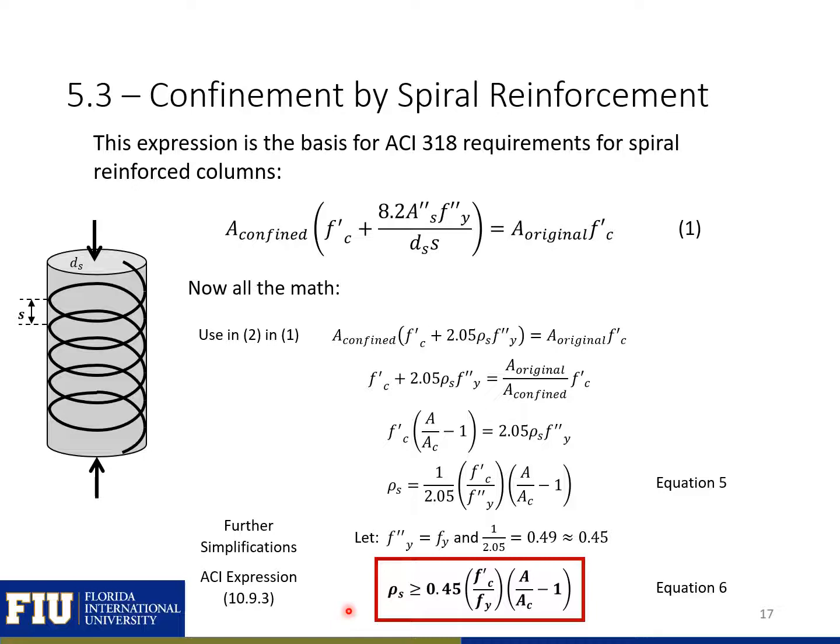So you can see that this reinforcement limit is to ensure that our confined column has a strength that's greater than or equal to our circular column strength, not taking into account confinement effects.